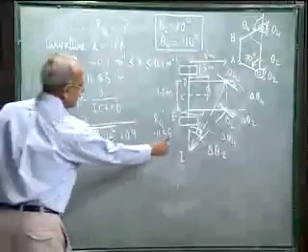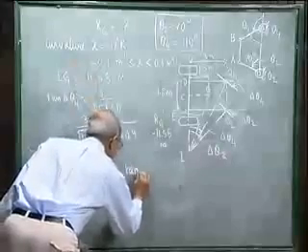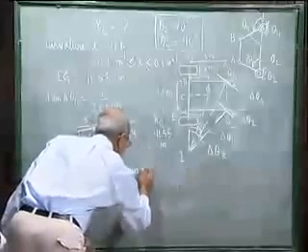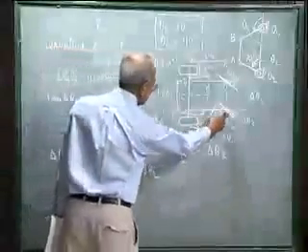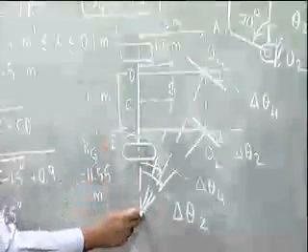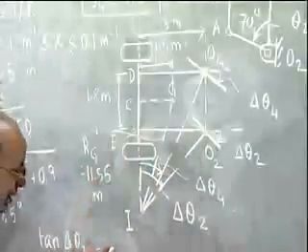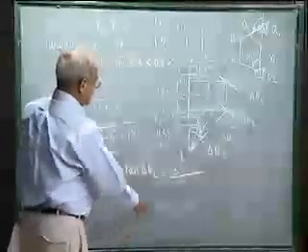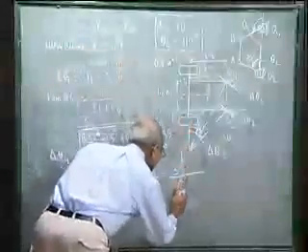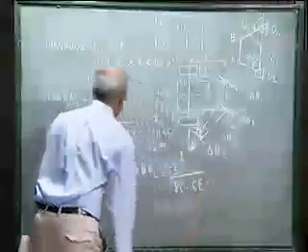Exactly the same way I can calculate delta theta 2, because tan delta theta 2, that is the rotation of the inner wheel, is O2E by IE. O2E is 3 meters by IE, that is IC minus CE.